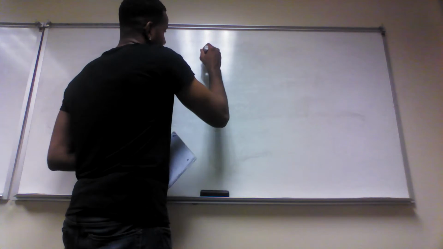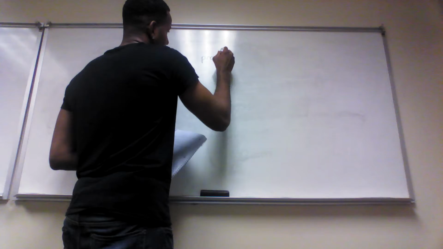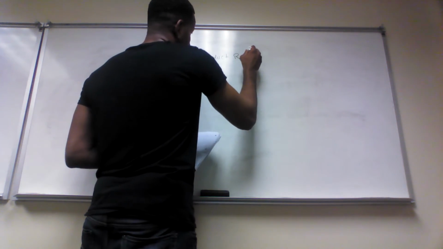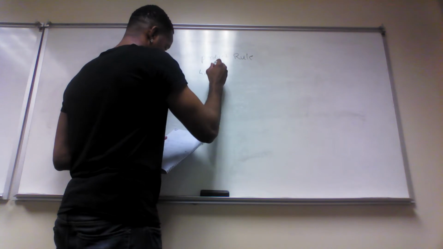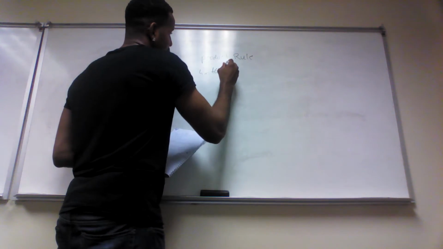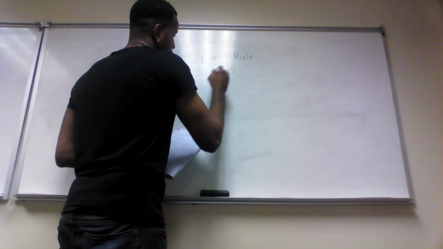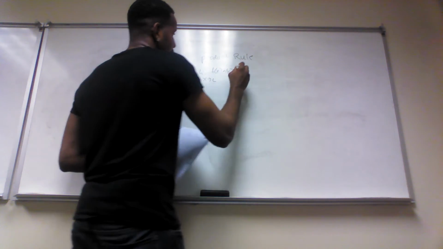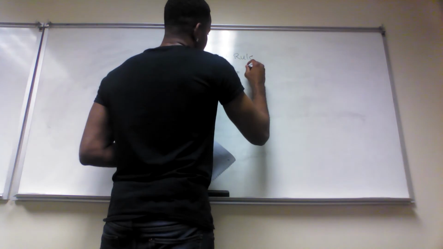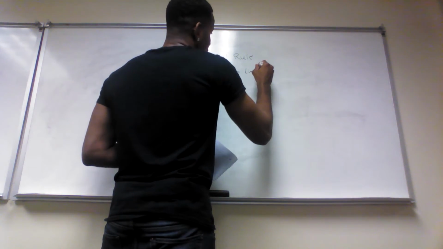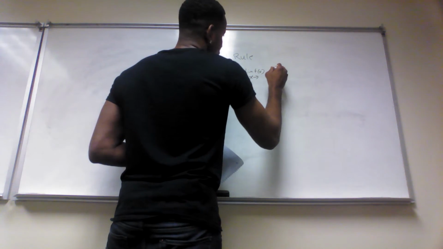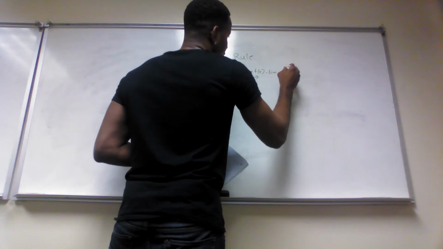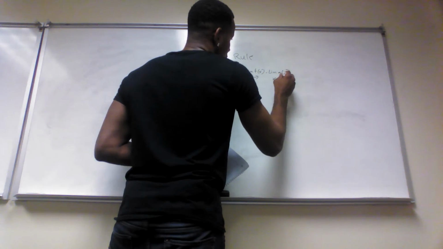And our next rule we'll be discussing is the product rule. This states that the limit of f of x times g of x as x approaches c is going to equal the limit of f of x as x approaches c times the limit of g of x as x approaches c.